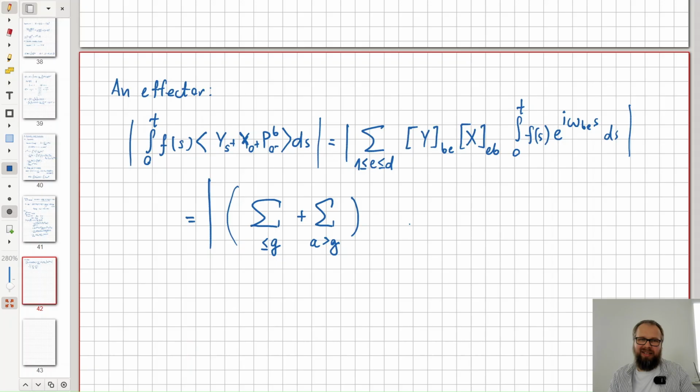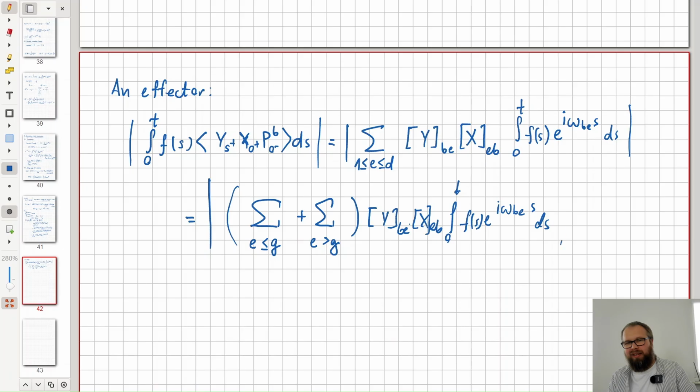We are still at this sum, so don't change the thing yet. Y_BE, X_EB, and the integral of f(s) e^{iω_BE s} ds.